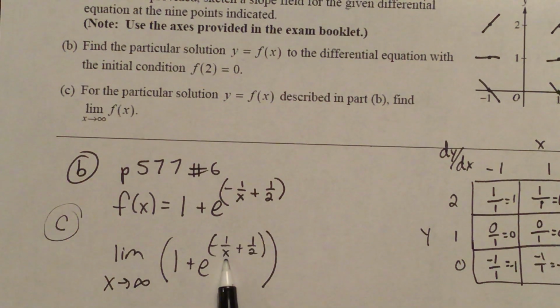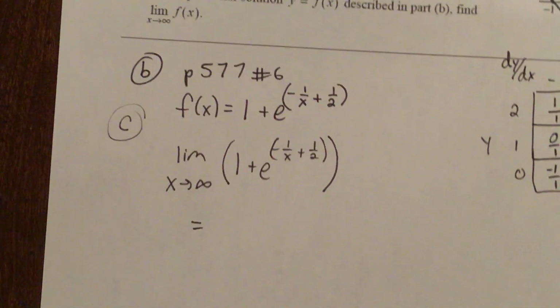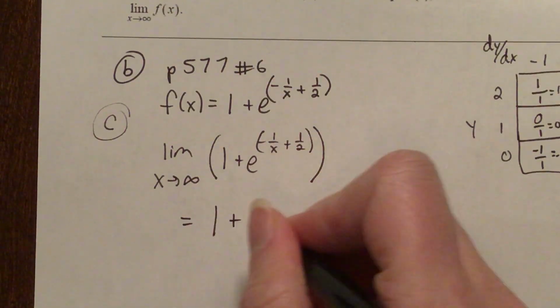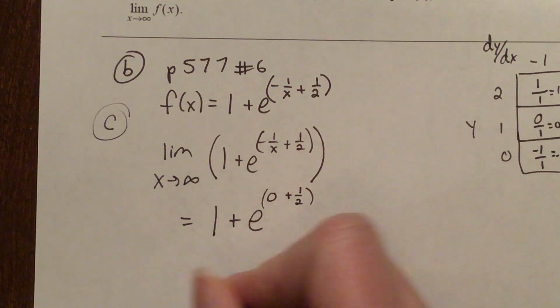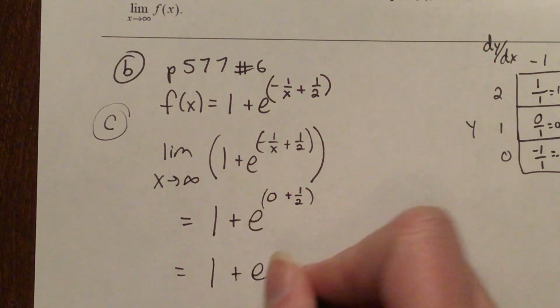Okay, so if x gets really big, what's going to happen to this fraction? We end up getting 0 for that. So if this is 0, then this limit equals 1 plus e to the 0 plus 1/2, which is 1 plus e to the 1/2.